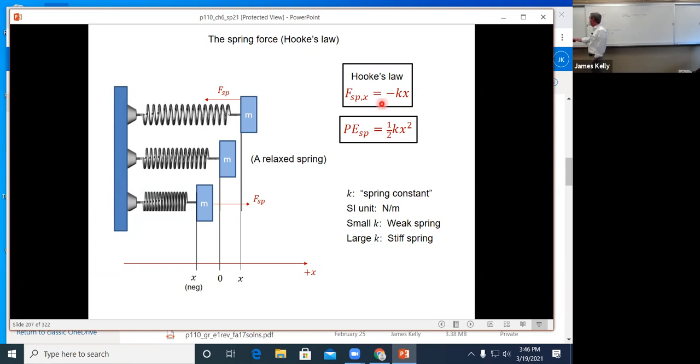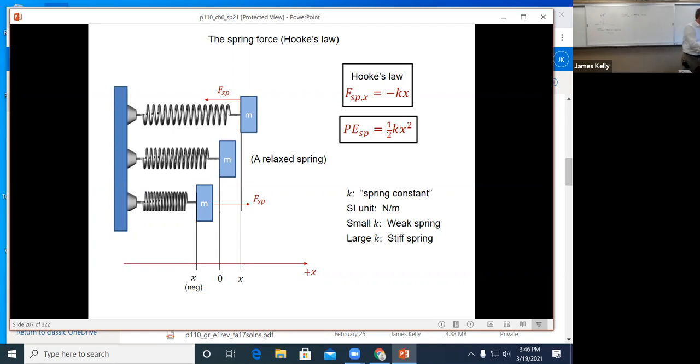You actually could use some geometry without calculus to derive this, but the associated potential energy, if we thought about calculating the work that's done as you move this from one position to another, the potential energy stored in the spring is 1/2 times the spring constant times the x that you've stretched or compressed it to, squared.